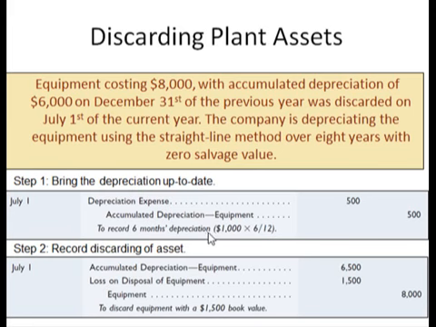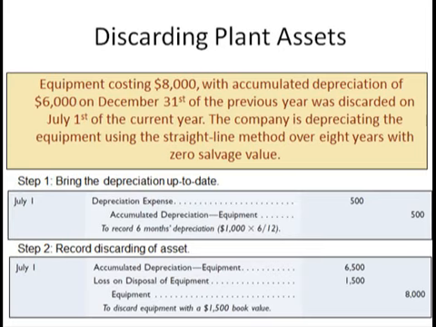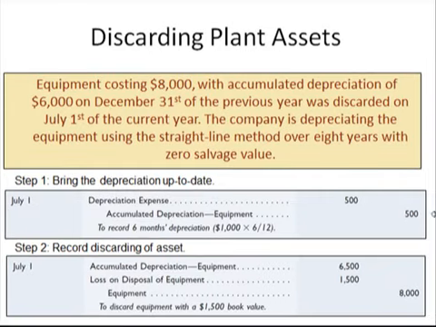You have 6 months of depreciation to record. At $1,000 a year, that was 8,000 divided by 8. That would be 6 months, which would give you $500. So now your accumulated depreciation account will have a balance of $6,500 and your book value is $1,500.